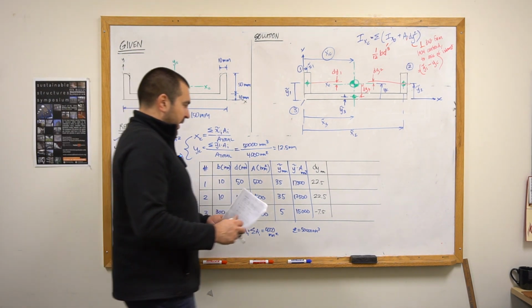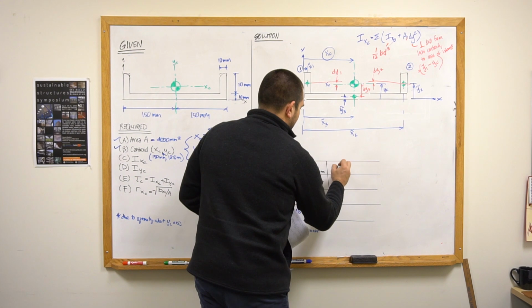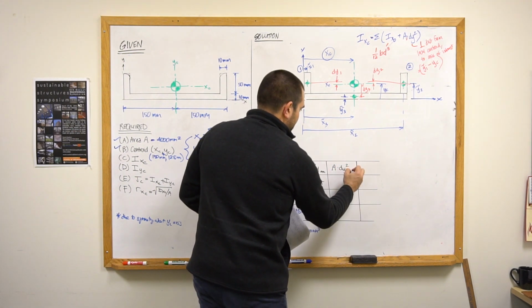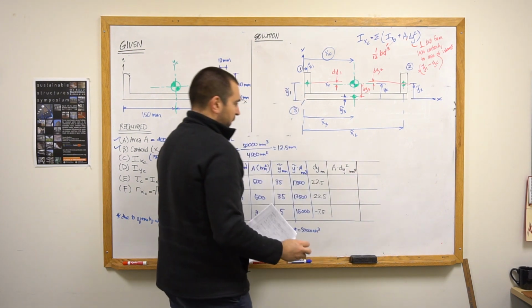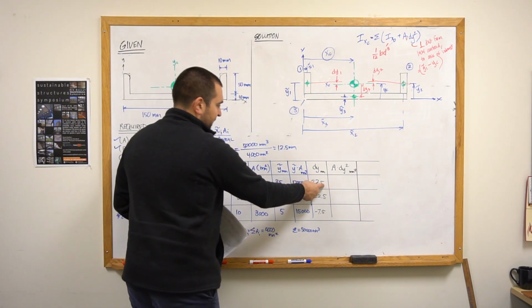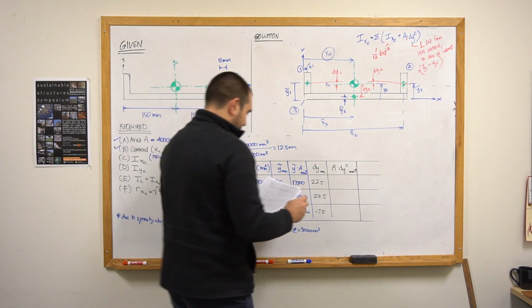Okay, so then the other terms that I need to tabulate here would be a times dy squared, and that's going to be in units of millimeters to the 4th. All I'm doing is taking this area times this distance squared, and I get some pretty big values.